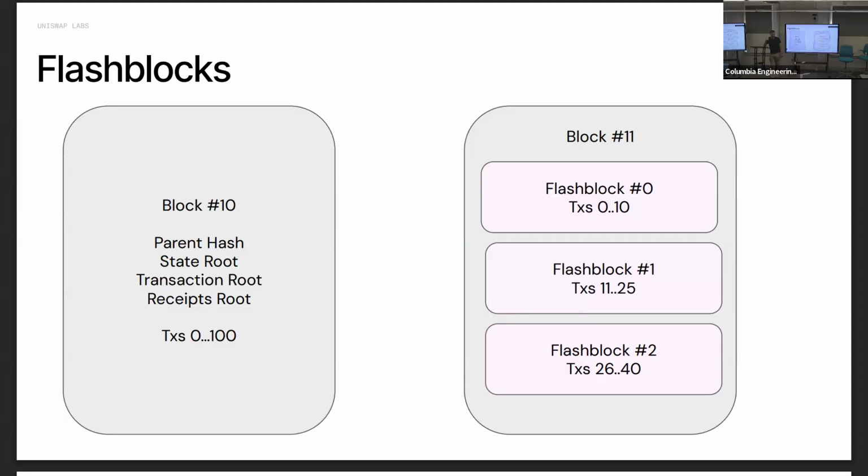So how do you know that there are no conflicting transactions? Are you trusting the user to give you the list of all that you are checking? We check it. When we create those flash blocks, it's like running a block building process every 200 milliseconds. So we have a list of transactions which are considered for inclusion. We pull them by priority fee. We execute them. We check the validity.